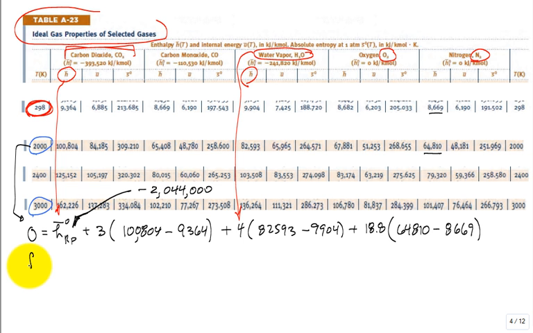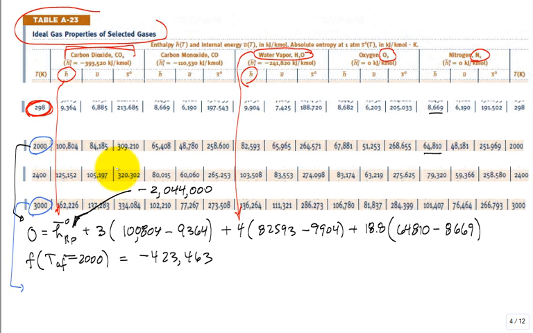So, this function is a function of the adiabatic flame temperature. I'm picking it to be 2,000. And when I evaluate it, unfortunately, it's not equal to 0. It's equal to negative 423,463. All right? So now let's pick a different value.